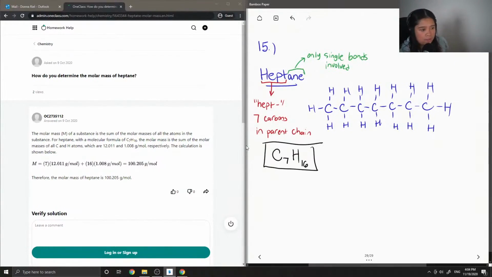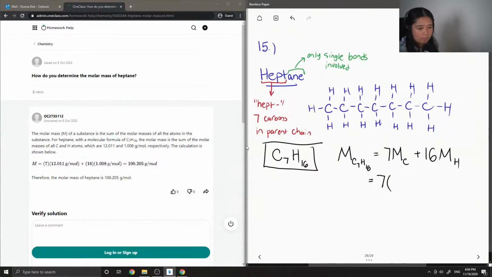Okay, so now that I know how many atoms of carbon and hydrogen are in heptane, I can calculate its molar mass. So it's going to be 7 times the molar mass of carbon, since there are 7 atoms of carbon, and then 16 times the molar mass of hydrogen. Again, these individual atomic masses can be found on the periodic table.